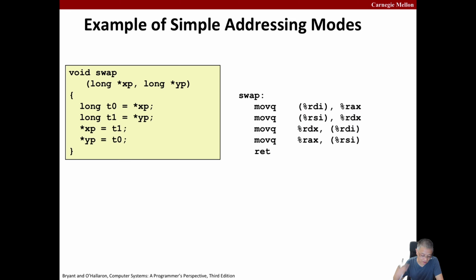So here we show this example. We have those two long parameters. Again, this is in the RDI register. This is in the RSI register. So we first move xp to a temporary.